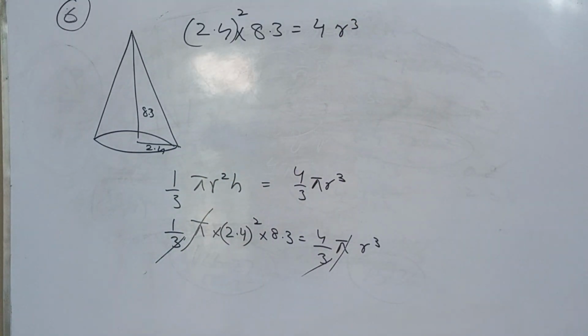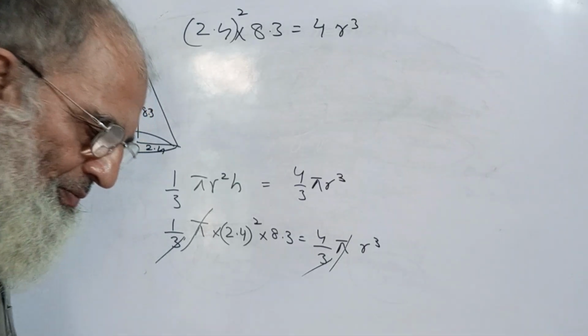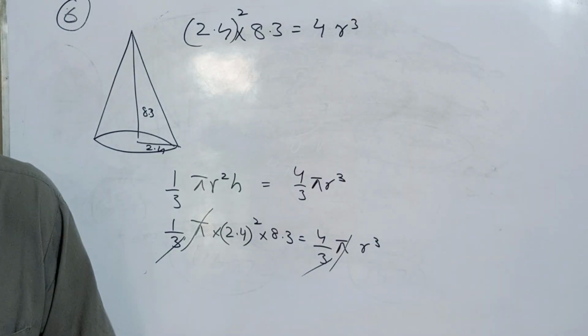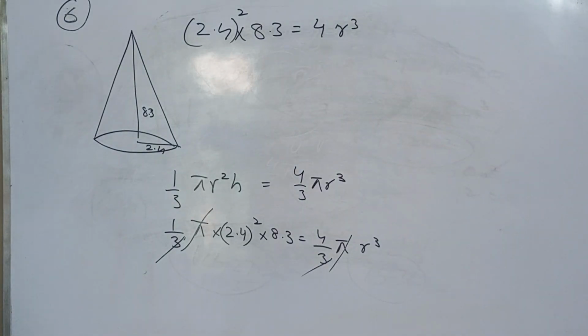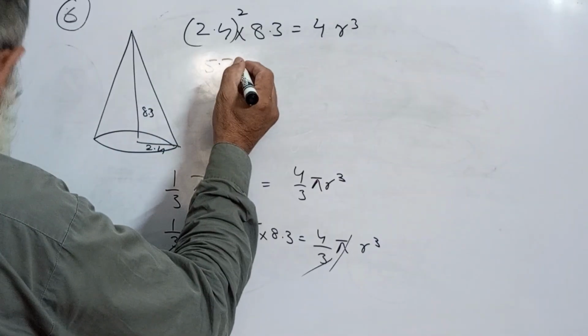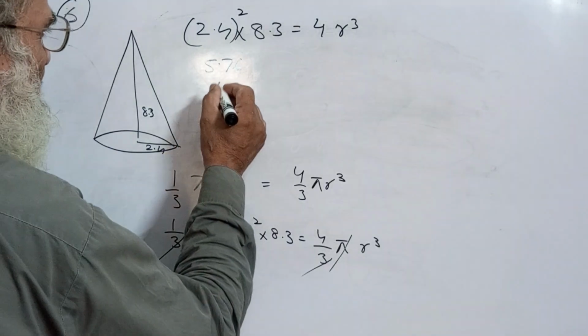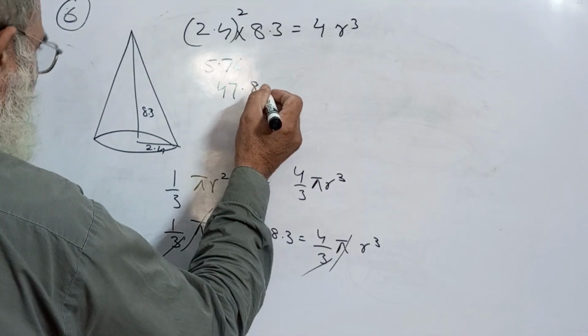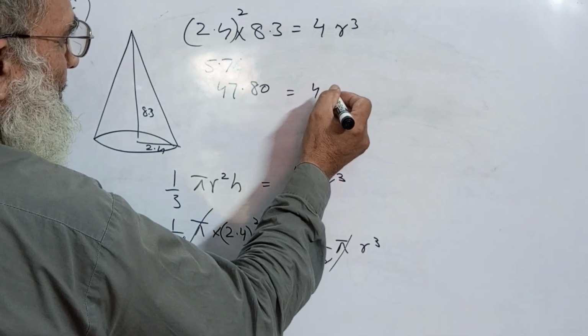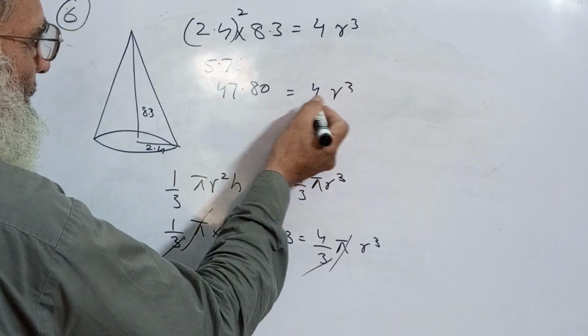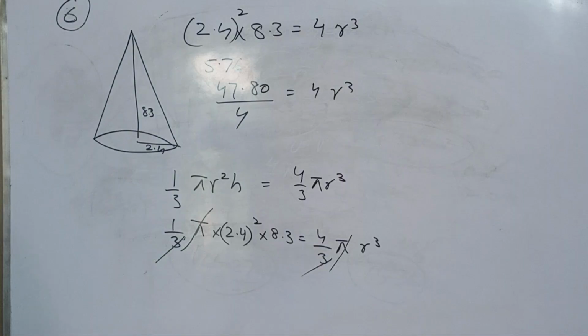Let me calculate this on the calculator. 2.4 square is 5.76, multiplied by 8.3 equals 47.80. Now shift the 4 over here, so it will be divided by 4.